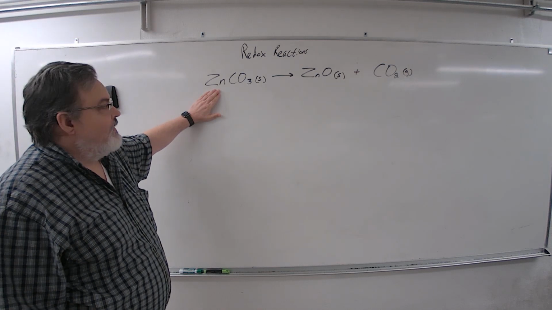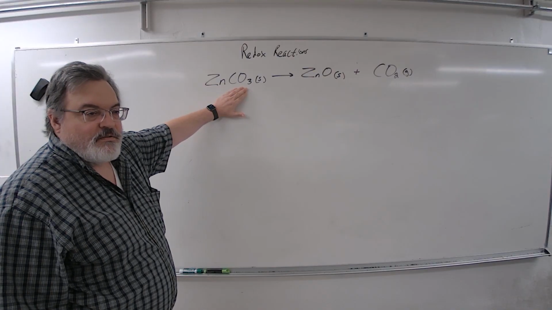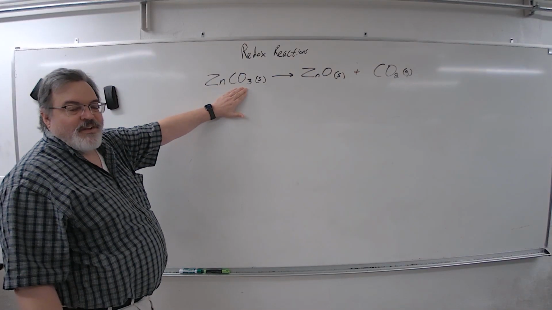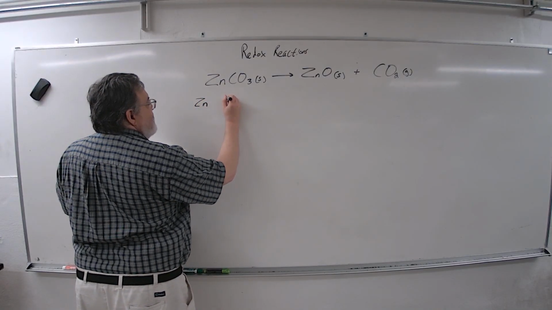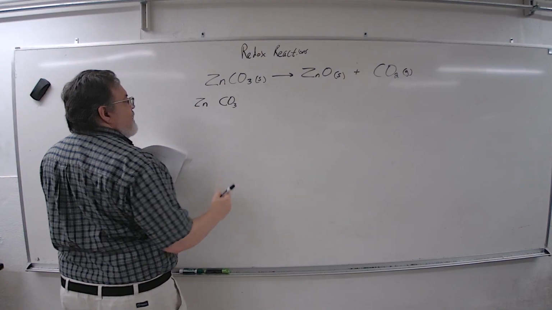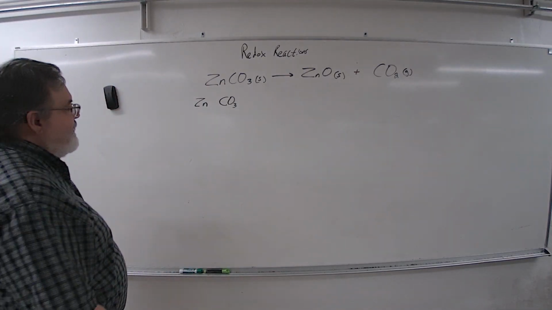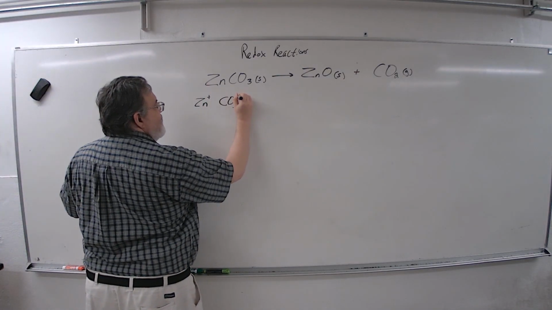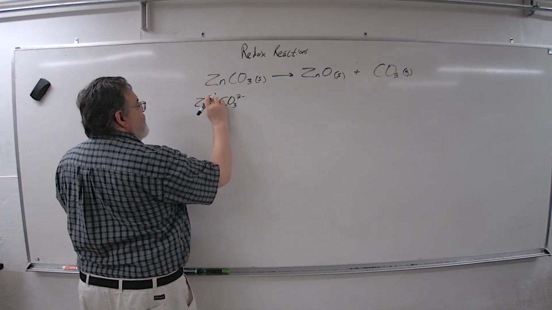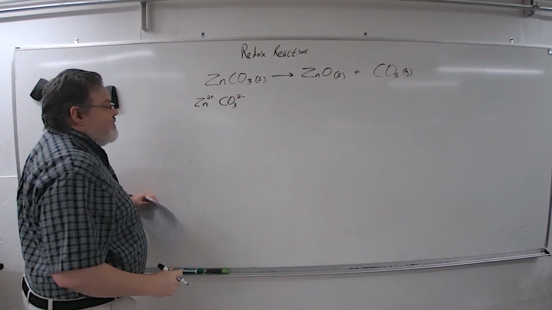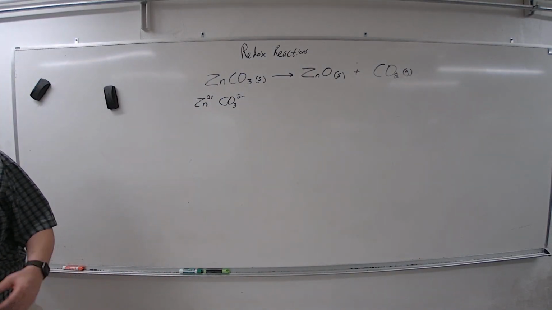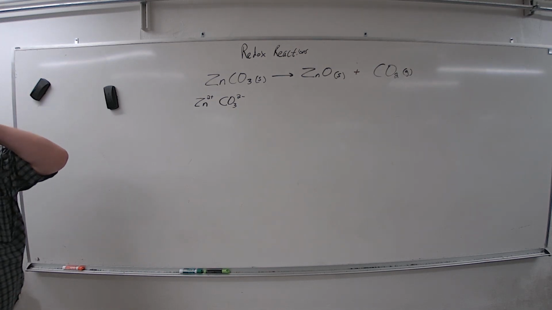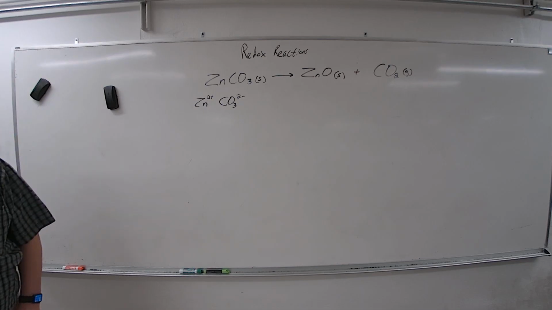It's a metal. And CO3, those are nonmetals. If you split this out, you probably would need the list of polyatomic ions for this one, because zinc actually is always 2+. It's the exception to the transition metals.